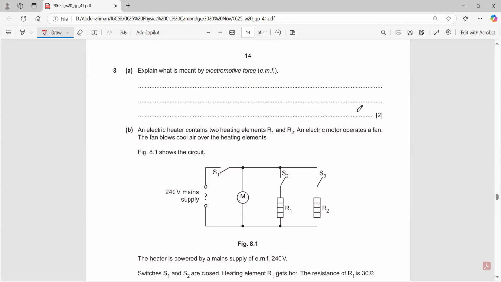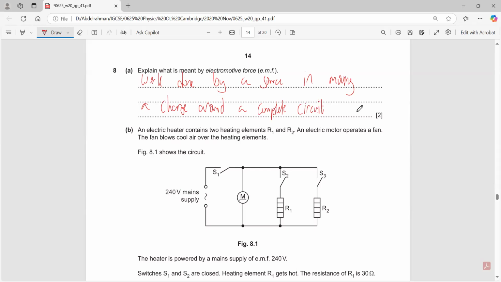What is the electromotive force? We said it before. The electromotive force is the work done by a source in moving a charge around a complete circuit.